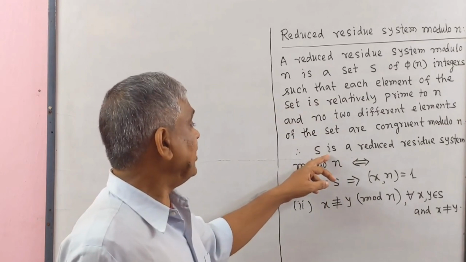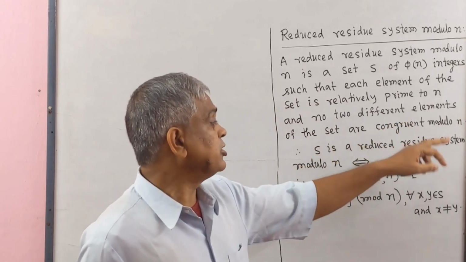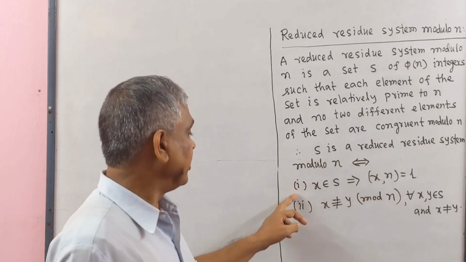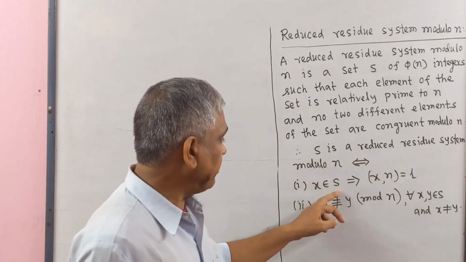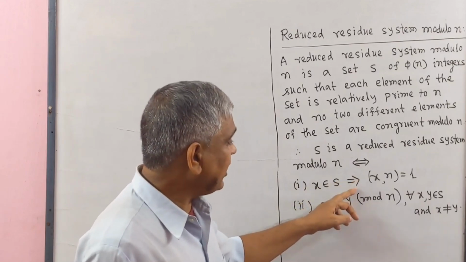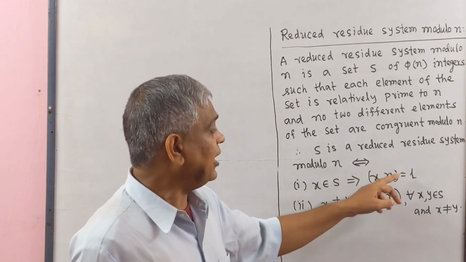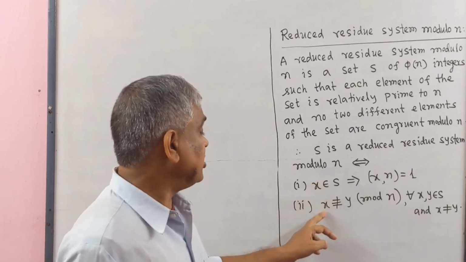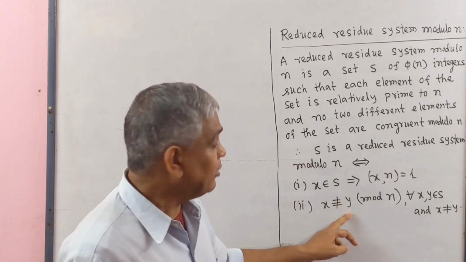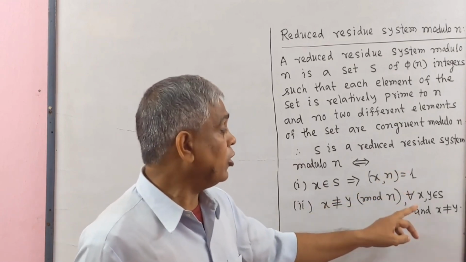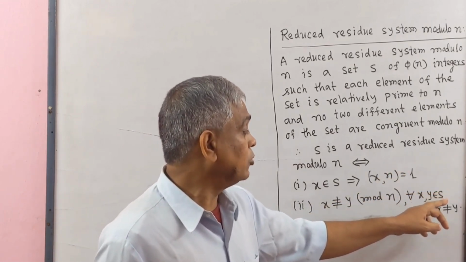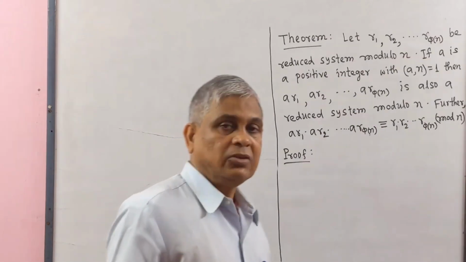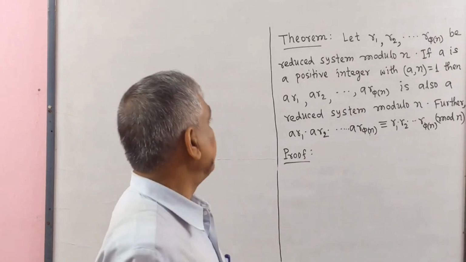Therefore, S is a reduced residue system modulo n if and only if: number 1, x belongs to S implies that GCD of x and n equal to 1. Number 2, x is not congruent to y modulo n for all x, y belonging to S and x not equal to y.